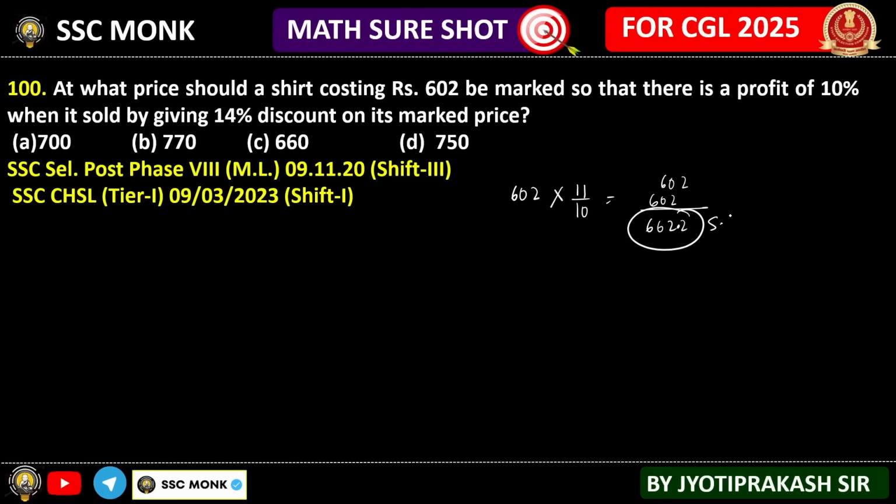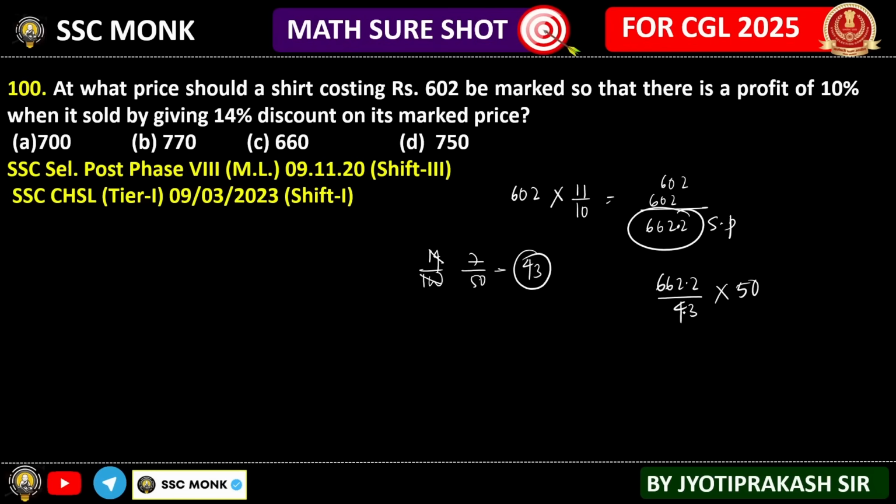This is the sales price, but it should be given with a 14% discount. 14% discount means 14 by 100, that is 7 by 50. Sir, if 50 is the marked price, 7 is the discount, that means 43 will be the sales price. Now 662.2 is equal to 43 into 50 should be the marked price.